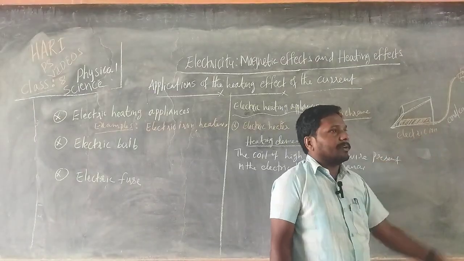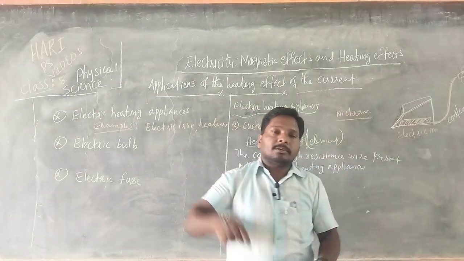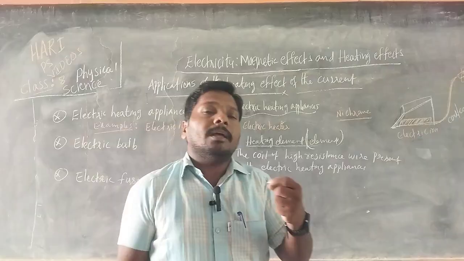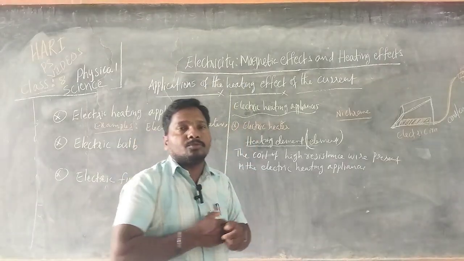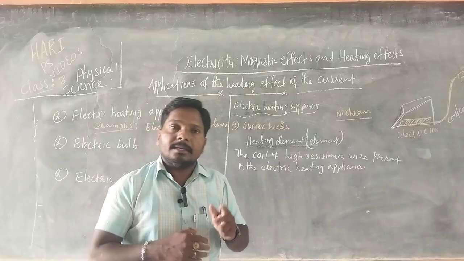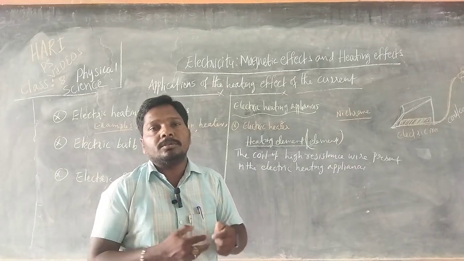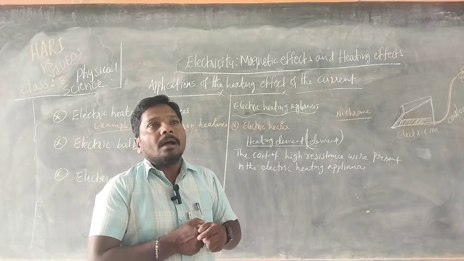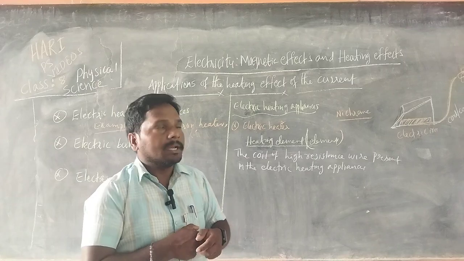The element is connected to a socket with the help of insulated copper wire called cord or connecting cable. Electricity is passed through the high resistance heating element. It becomes hot and produces heat energy. Such kind of effect is called heating effect of electric current.